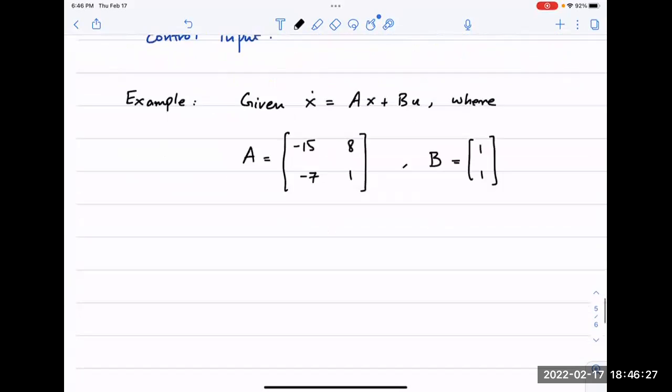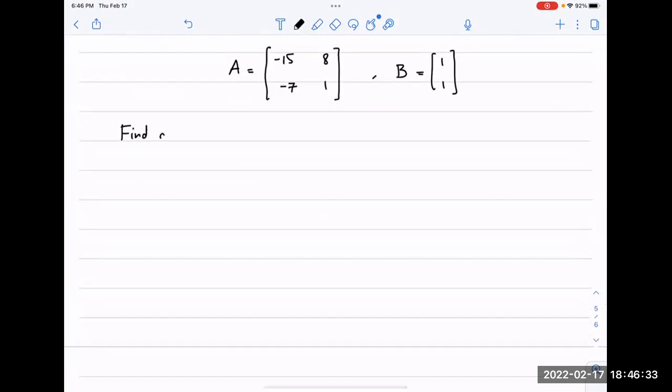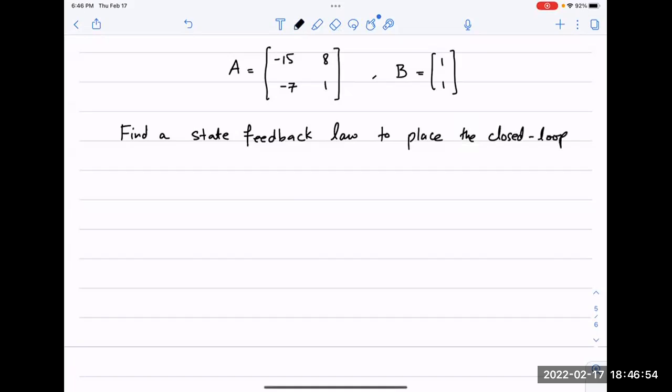And the objective is to find a state feedback law to place the closed loop poles of the system at s equals -10 plus minus j.